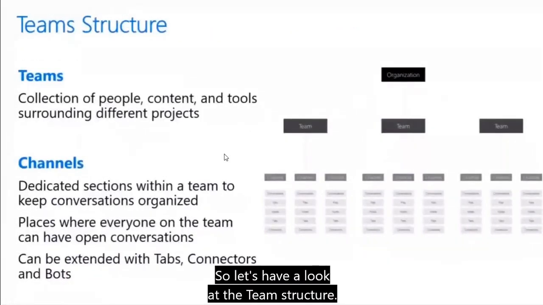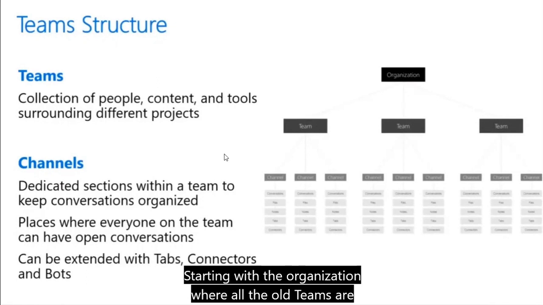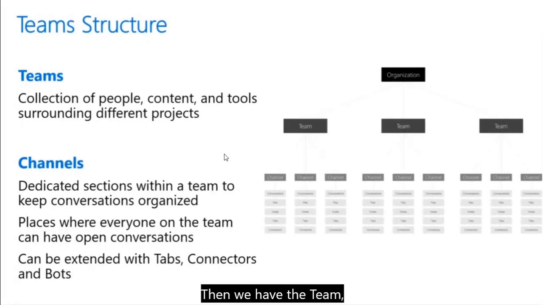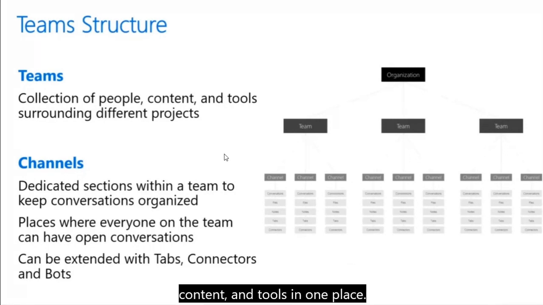So let's have a look at the team structure. Starting with the organization, where all your teams are created and associated with your Office 365 tenant. Then we have the team, which is designed to bring a collection of people, content, and tools in one place.